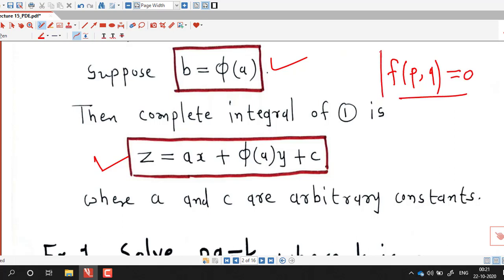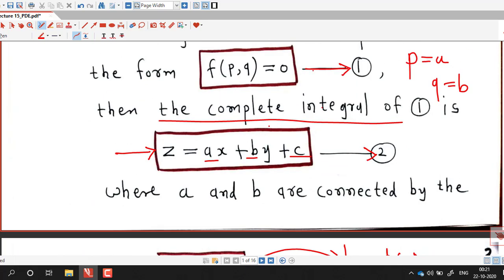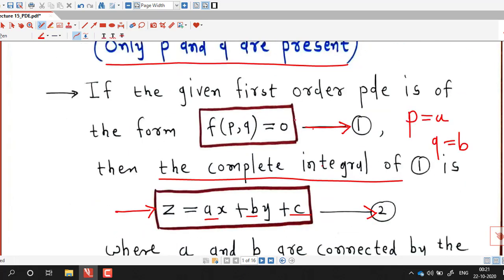So if your equation is in this standard form, you can directly find its complete integral. Remember that if our equation is in this standard form, function of p and q only equal to 0, then its complete integral is z = ax + by + c, where the constants a and b are related by the equation f(a, b) = 0, which is obtained by taking small p equal to a and small q equal to b in equation number 1.